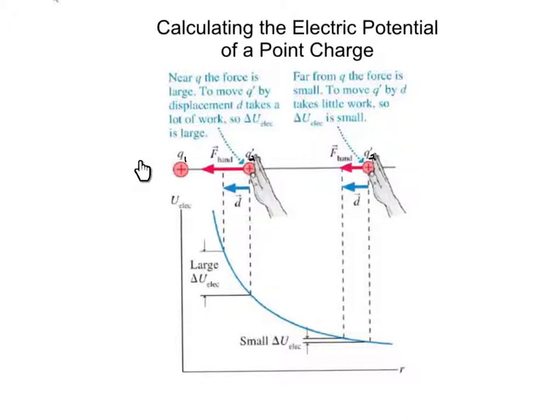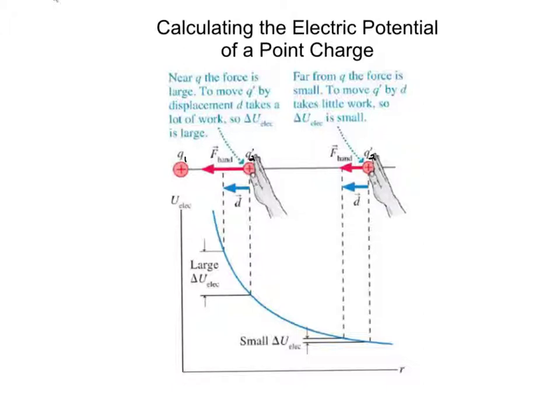On the other hand, the force on Q2 is quite large when it gets near Q1, so the work required to move it through the same distance is much greater than before, and the change in electric potential energy is large, so the graph of potential energy versus r is steeper than when Q2 is far from Q1.